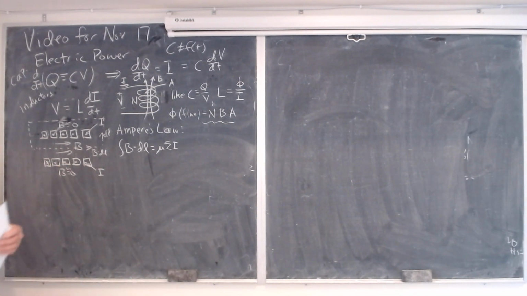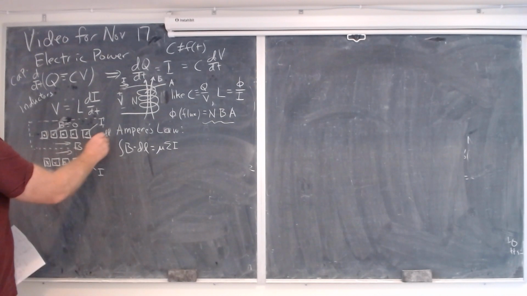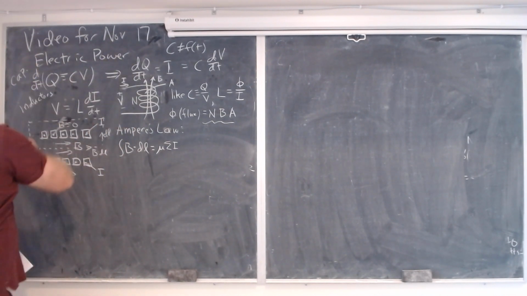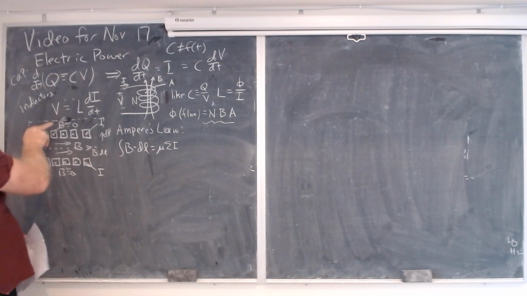Now, if you think about it, it can't really be true because magnetic field lines are loops. And so what's going to happen is that B is going to go like this, and the next one, and it's going to form these big loops outside here. So it's an approximation that it's 0 out there.